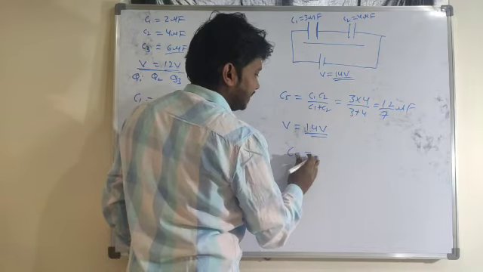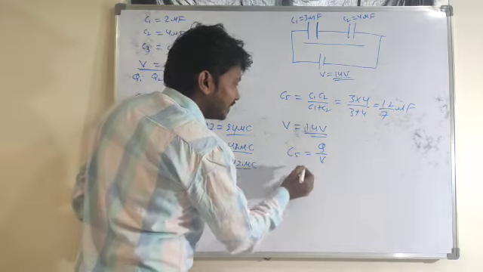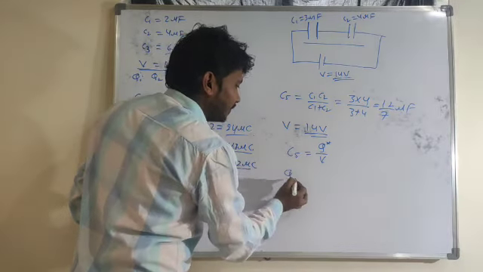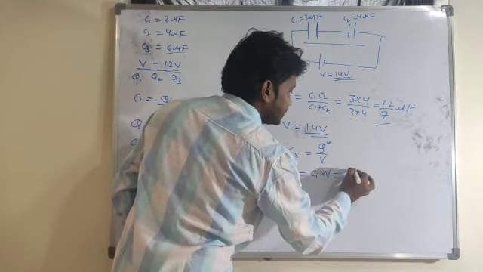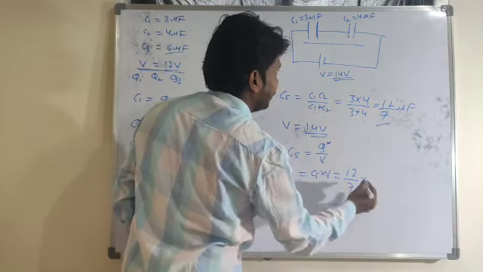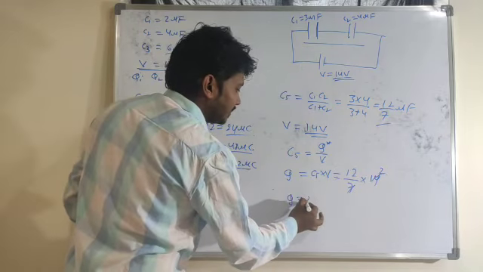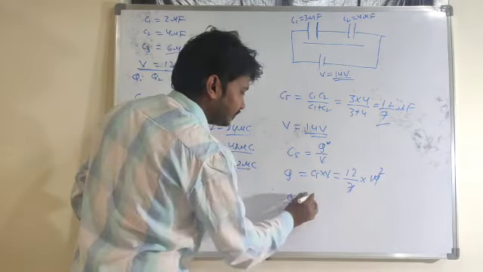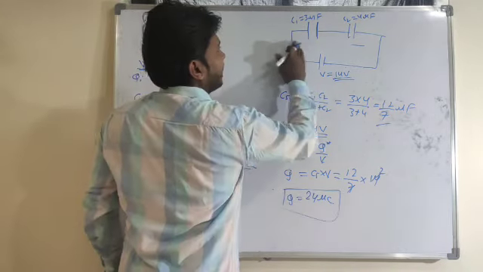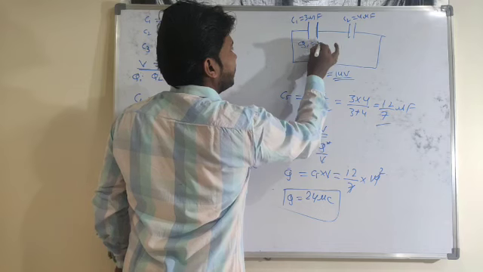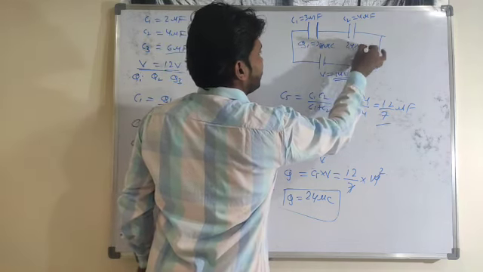C of S is equal to Q by V, so Q is equal to C of S into V. Effective capacitance is 12 by 7, voltage is 14, so Q is equal to 24 microcoulomb. So on each capacitor, Q1 is 24 microcoulomb, and Q2 is also 24 microcoulomb.